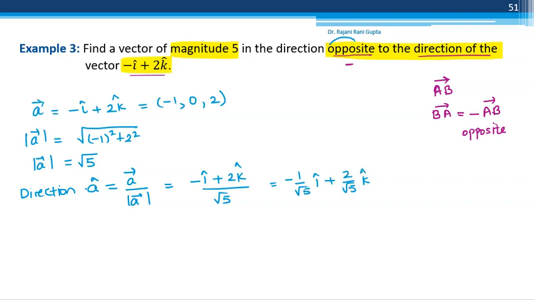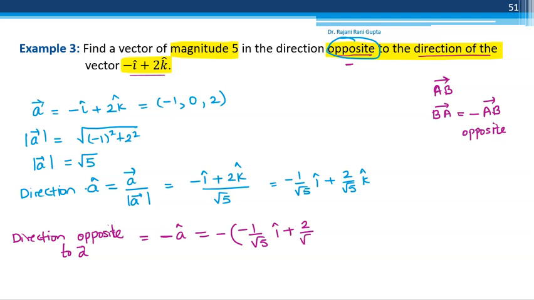Now, here you have the word opposite. So, direction opposite to A will be minus of A cap. So what you have to do, you have to multiply this vector by negative. So this gives you 1 over root 5 i minus 2 over root 5 k.